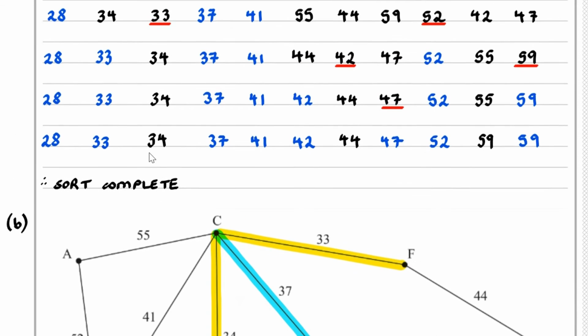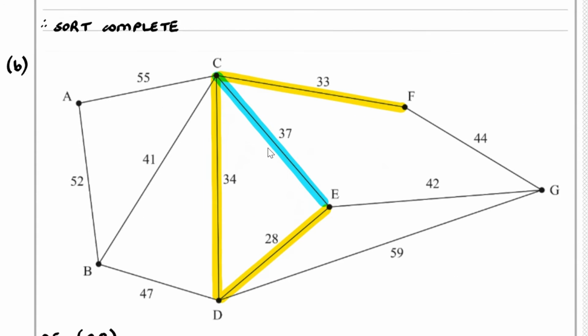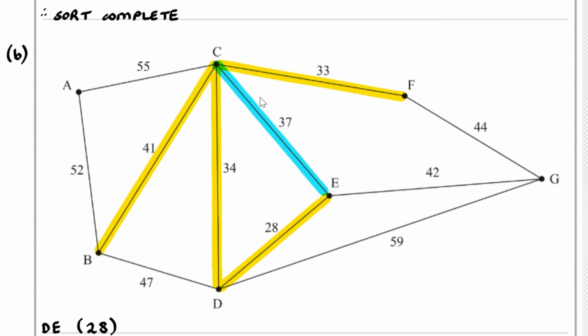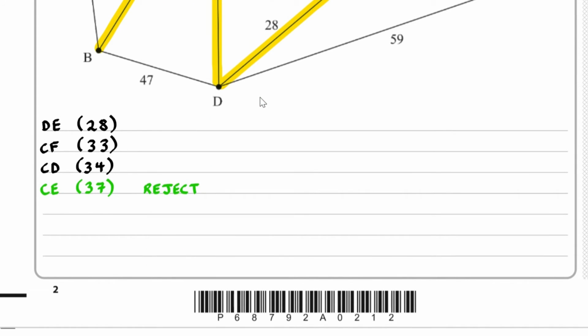After that, the 41 corresponds to the BC. So we have BC with weight 41.